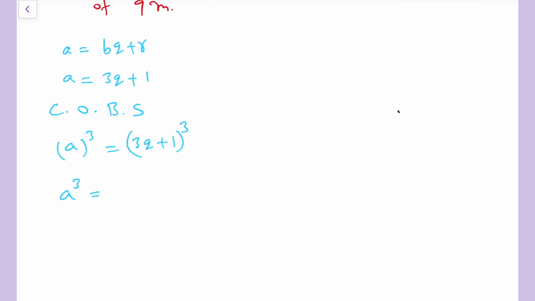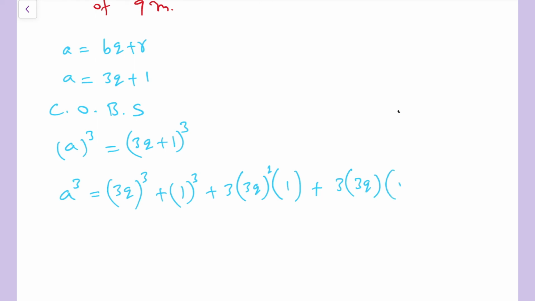Now the 3q plus 1 whole cube is in the form of a plus b whole cube, right? So a plus b whole cube formula is a cube plus b cube plus 3a square b plus 3ab square. So a cube plus b cube plus 3 into a square into b plus 3ab square.